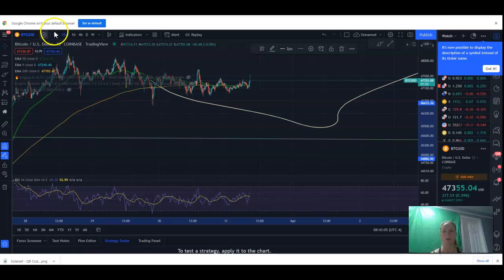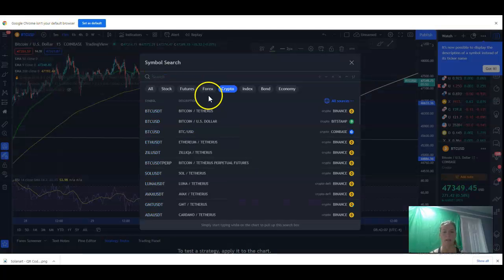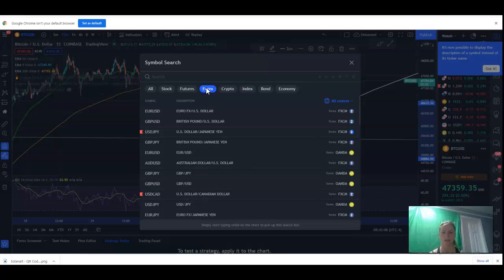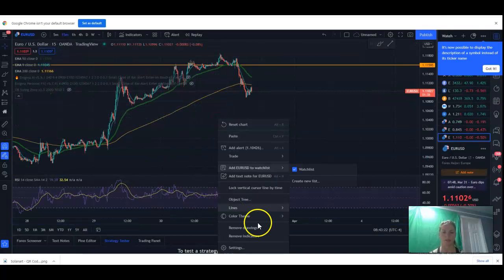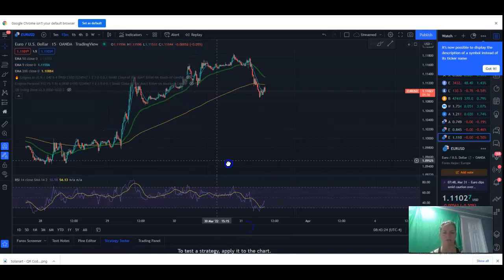So let's go to a regular chart and find some support and resistance here. All right, I'm going to delete everything I have on here because it looks like I have something.